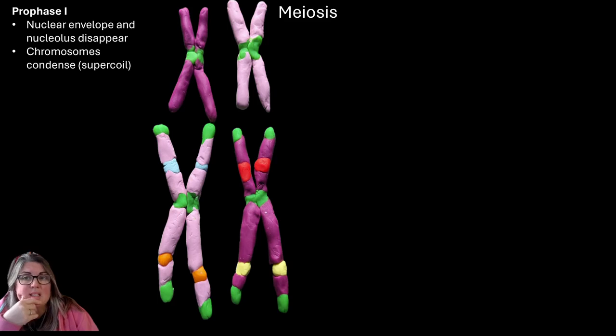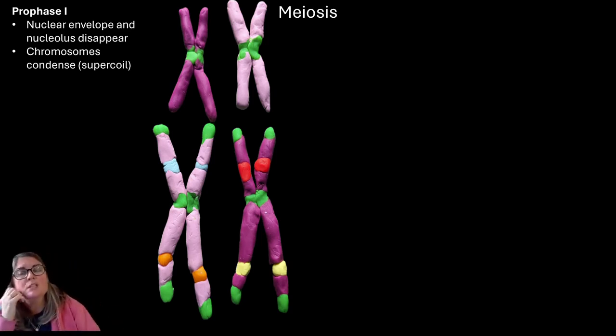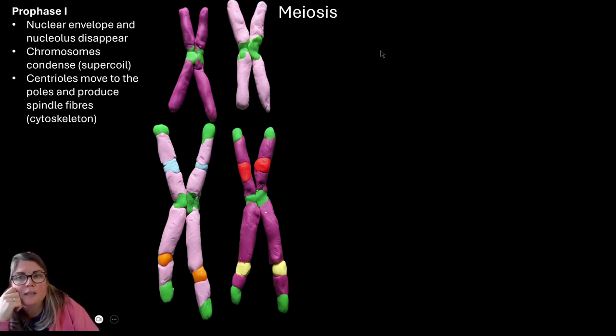What will happen next is your chromosomes will condense, they will supercoil, and what you're saying is the nucleosomes are getting closer together, and that's the only time we actually see them visible in the cell, when they are going through either mitotic division or meiotic division. So we have these chromosomes condensing, they're supercoiling.